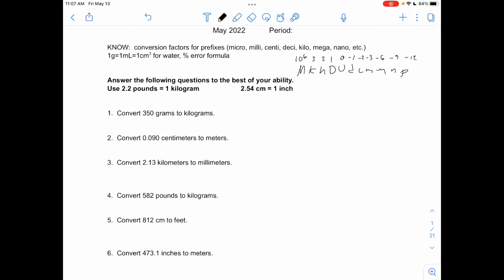So here we go. 350 grams. Grams is the base unit, and so I'm going to set up my conversion factor. Grams on the bottom, and I want kilograms on top. Kilograms is bigger, so I'm going to put a 1 there. Then I figure out how many powers of 10 between kilo and grams. Kilo here, grams is the base unit, so that would be 10 to the 3rd.